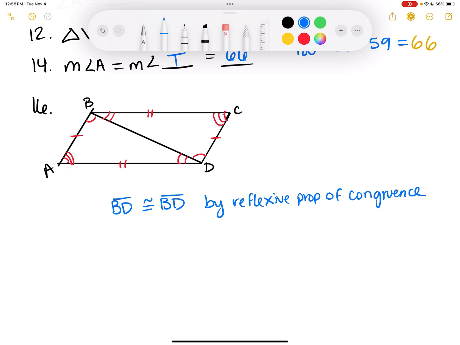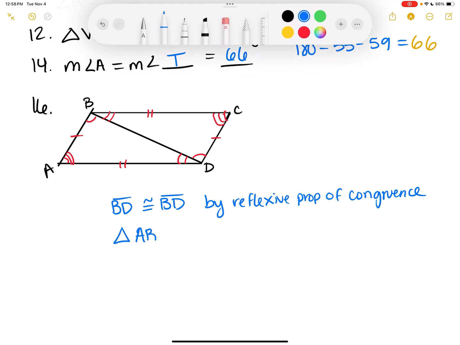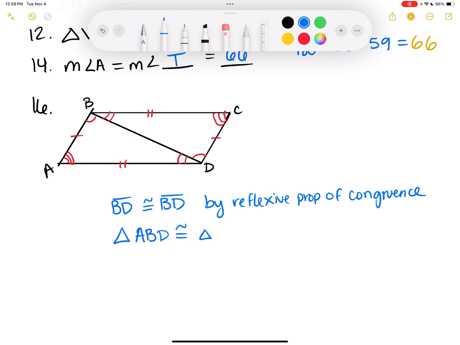So based on all the things that we know here are congruent, is there any kind of overarching thing that you think we can say? Okay, that's just given to me, but what else do I know about the shapes themselves, not the angles or the sides? Triangle ABD is congruent to triangle CDB. Yep. So we know that triangle ABD is congruent to triangle CDB.